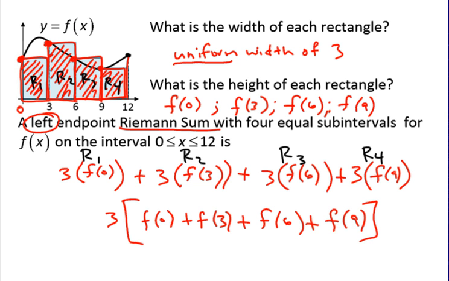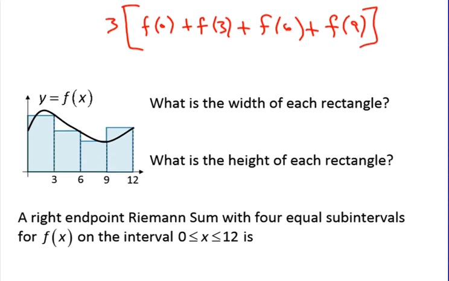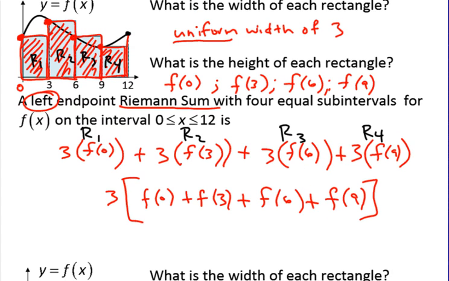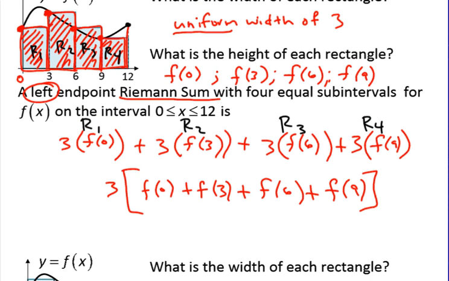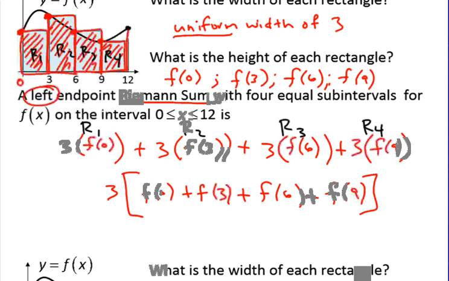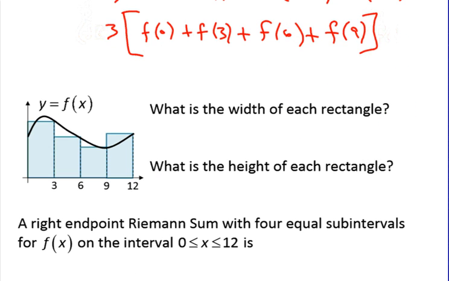All right, so now what if we take the same exact function, but now we talk about a right Riemann sum? So look at the difference between these two graphs. I still have the same interval sections sectioned off. But now, with the first rectangle here, I have my left endpoint. But now, for this section of the rectangle, the right endpoint is what I want to know where it's hitting the graph.